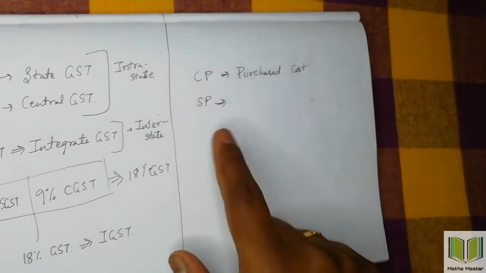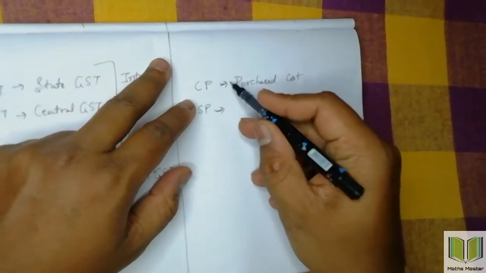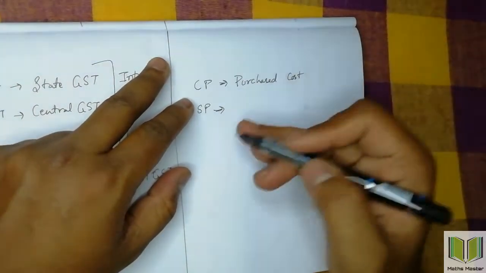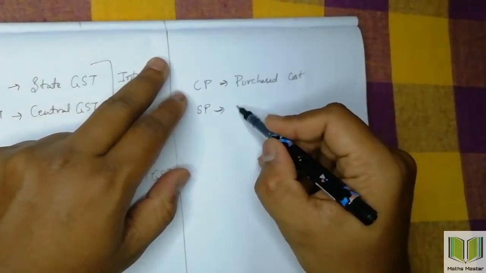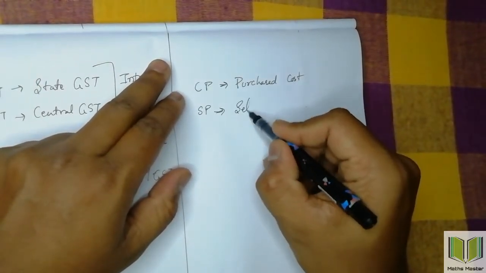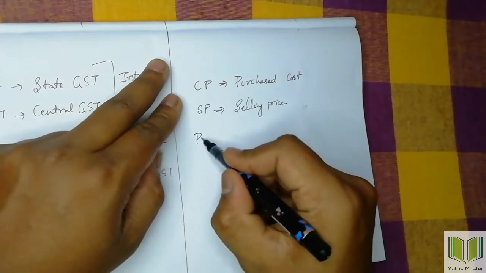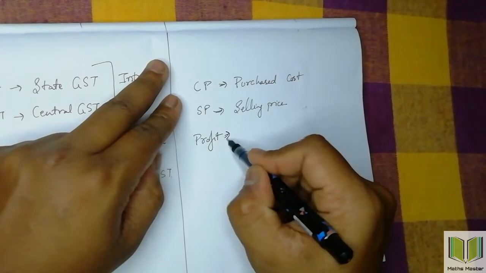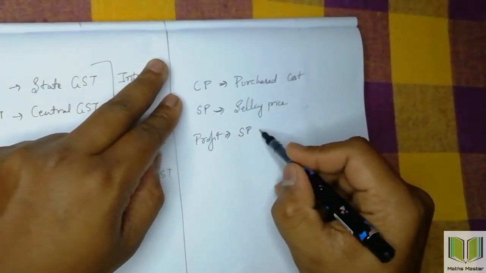Now the selling price will be greater than the cost price. Usually the person who is selling it will obviously go for a profit. Profit is calculated if the selling price is more than the cost price.